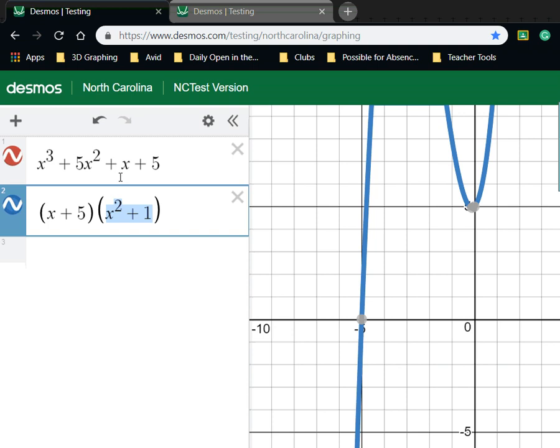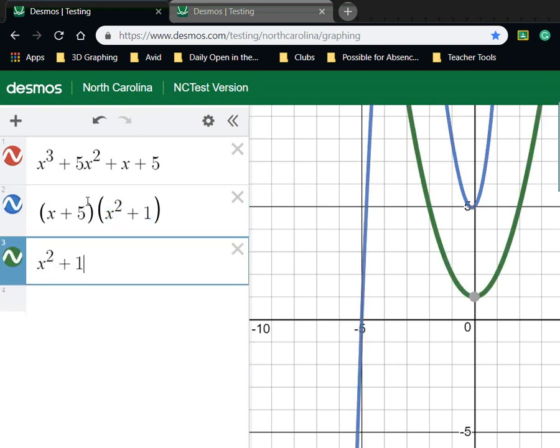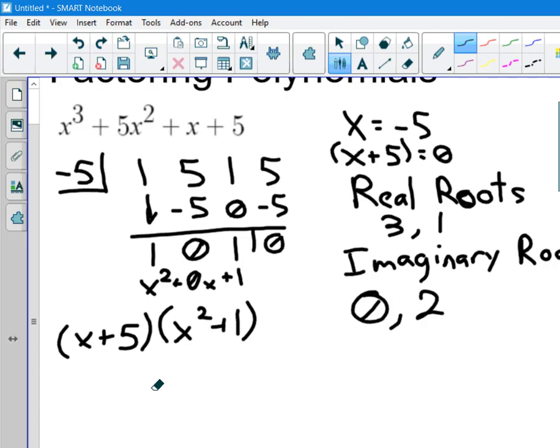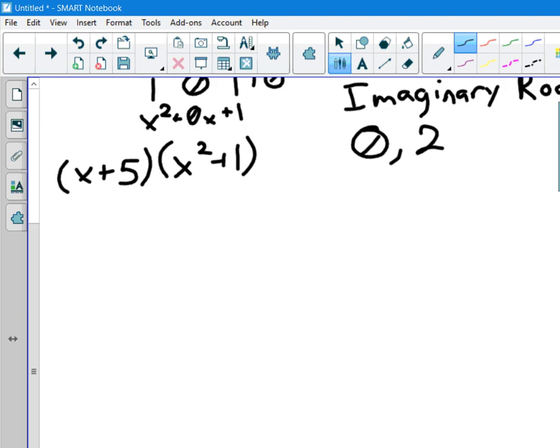I want to take a look at this graph, the x squared plus 1, and you see that this graph never crosses the x-axis, which means that it has complex roots. But how do you find complex roots? You find them the same way that you always did, which is with the quadratic formula.